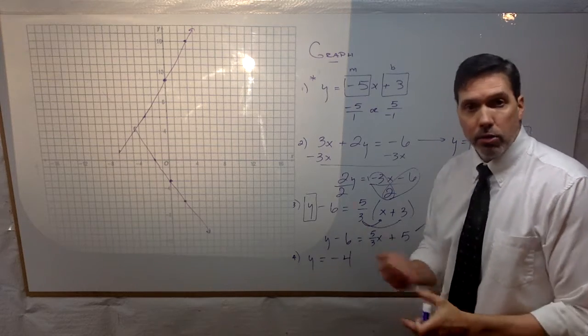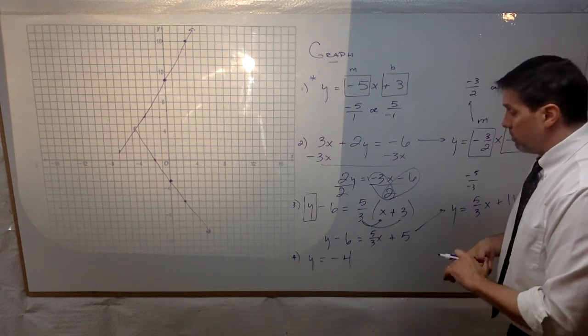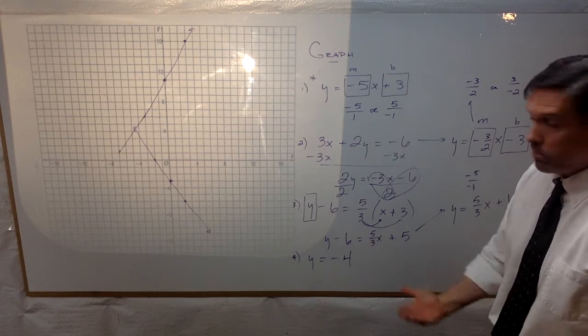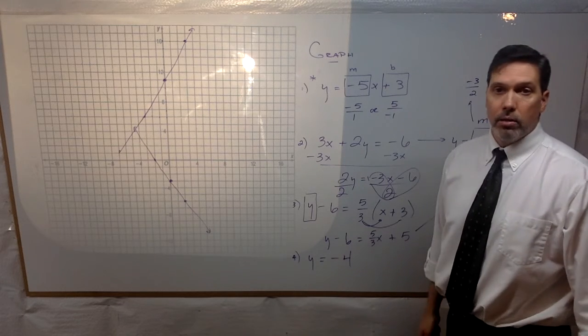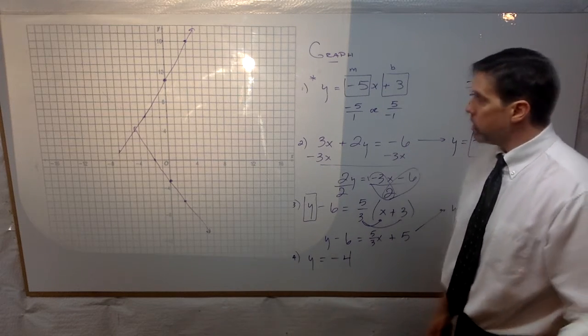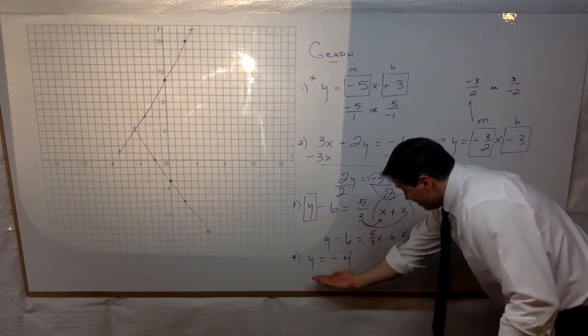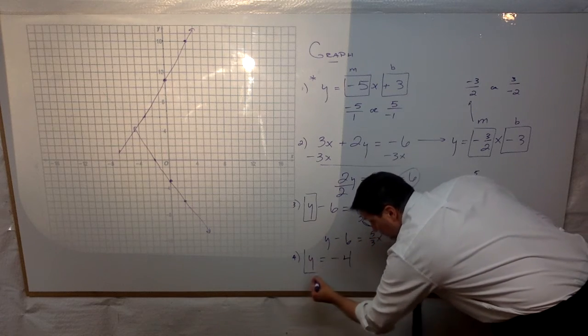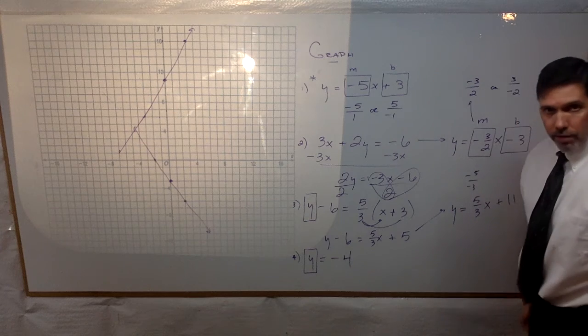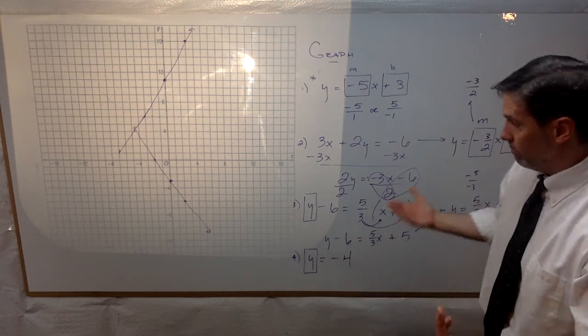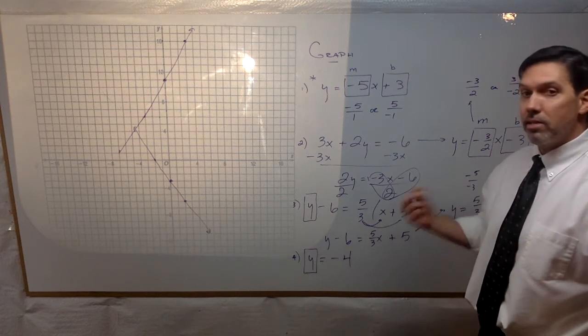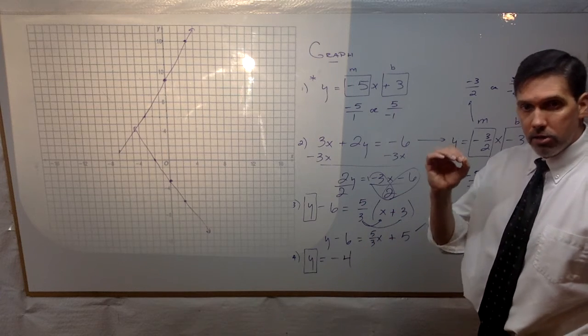Okay, this last one, y equals negative 4. Now this one seems to be missing some things, and yeah, what is it missing? You don't have an x variable. Now that's not a problem. It just means when you solve for y, which this already is, it's in slope-intercept form. Well, where's the x? Well, there's no x because the x got multiplied by 0.